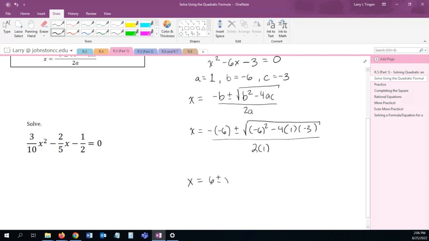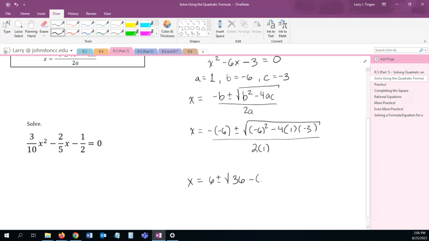The opposite of -6 is 6, plus or minus the square root of whatever you get here. This is b squared. Whatever the number is for b, positive or negative, the square is always going to result in a positive number, right? -6 squared is 36, positive 6 squared is 36. So this first term under the radical is always going to be positive.